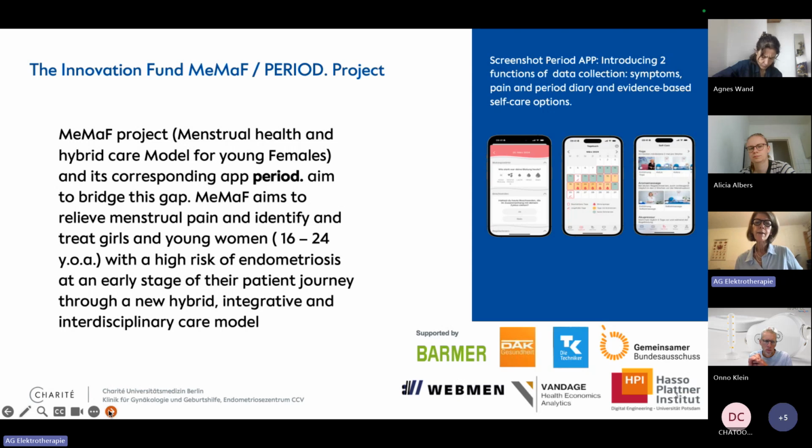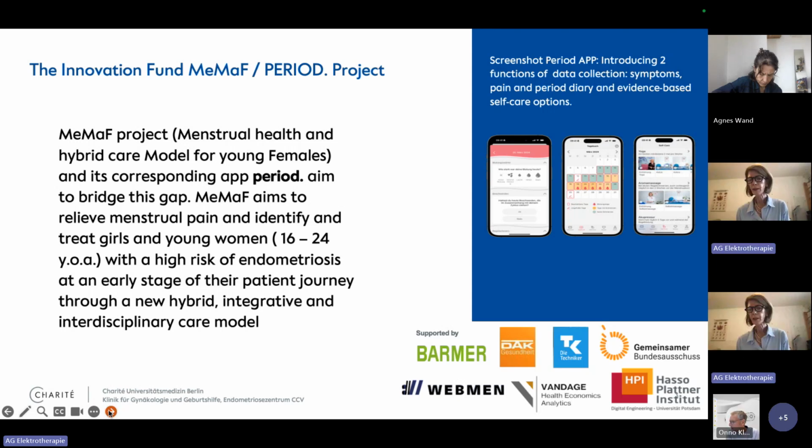Another aim is to relieve the menstrual pain and identify and treat girls and young women with a high risk of endometriosis at an early stage of their patient journey through a new hybrid, integrative and interdisciplinary care model. We were supported by 3 national insurances in this innovation project.